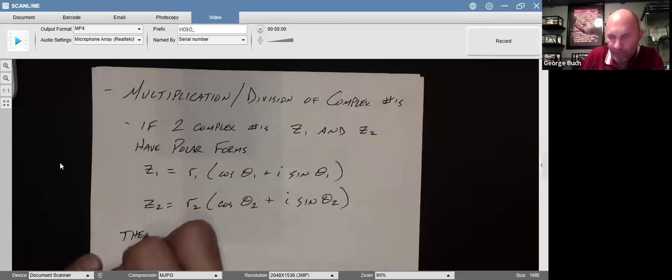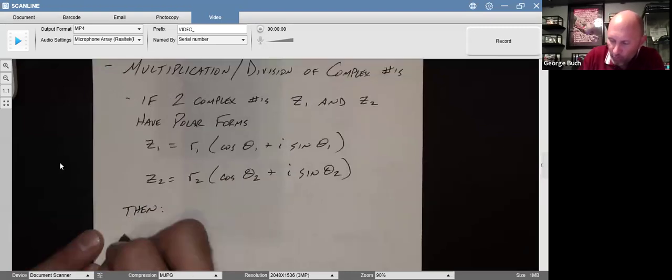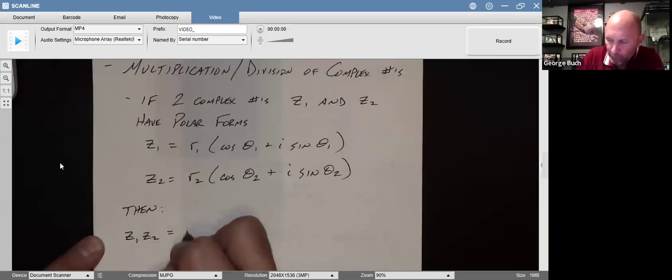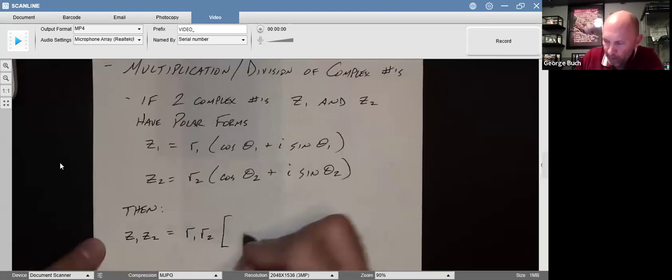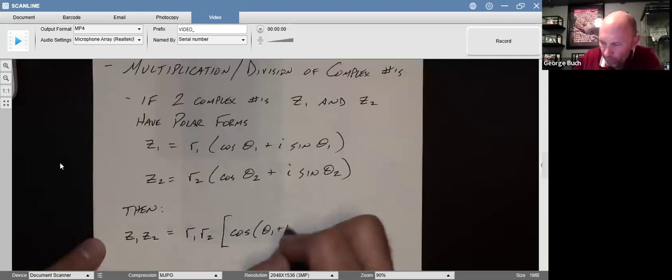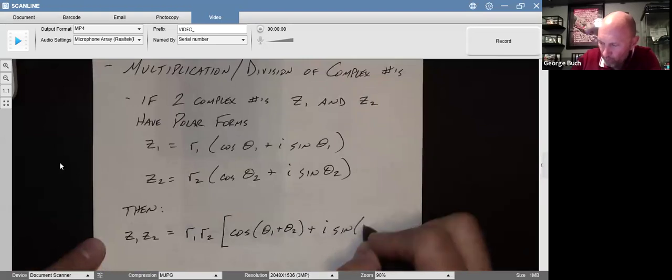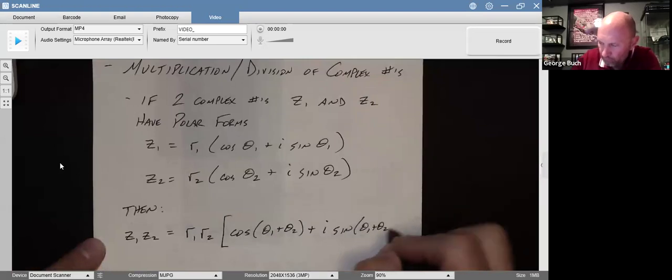So if we have that, then z1 times z2, the product, is equal to r1 times r2, multiplied by cosine of, add the thetas, theta 1 plus theta 2, plus i sine of theta 1 plus theta 2.